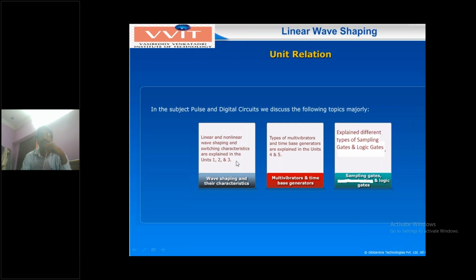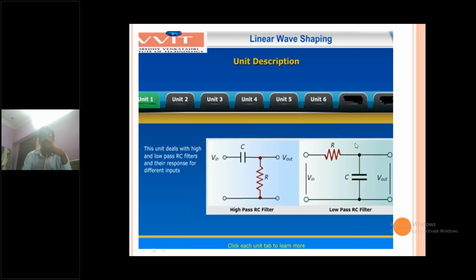The fourth unit is monostable and astable multivibrators, the fifth unit is time-base generators, and the sixth unit is sampling gates and logic gates. This is the overall syllabus for the second year, second semester.